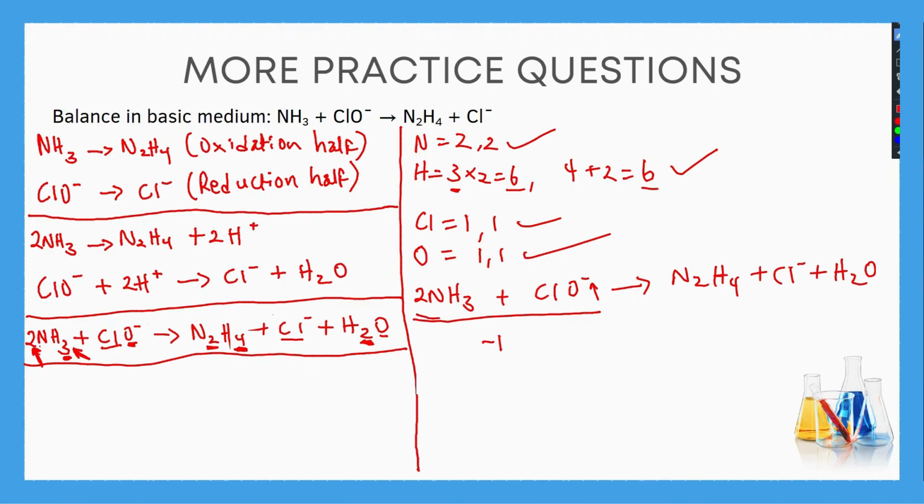There are no other charges because this is neutral, with no plus or minus signs hanging over it. On the right-hand side, this is also neutral, no charge, but over here we have a minus sign which indicates a charge of -1, and this is also neutral, no charge. So left side -1, right side -1. So this equation is fully balanced in the basic medium.